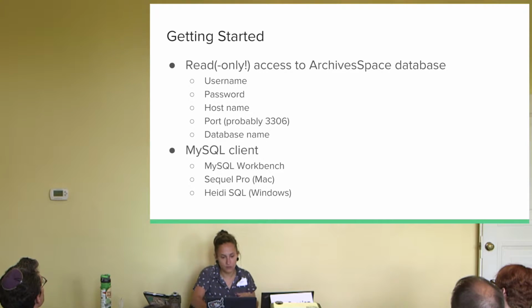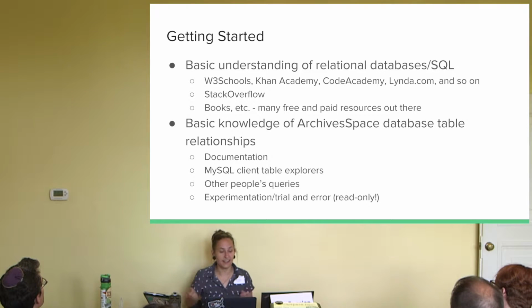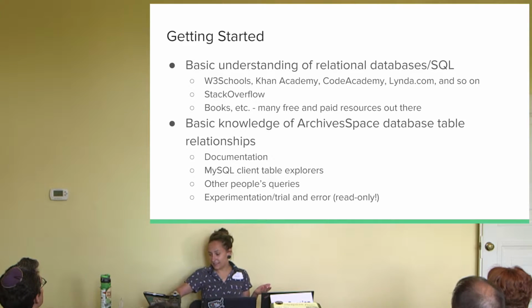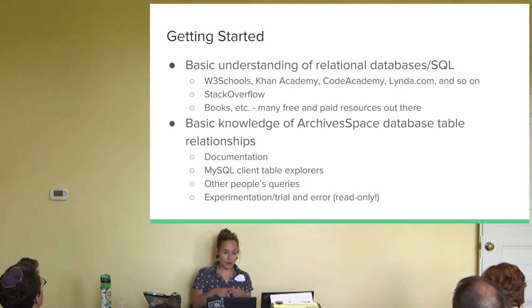And then in addition to access to the database and a client, you are going to need a basic understanding of relational databases and SQL. There are lots and lots of ways to get this information. There are lots of online resources, books, and Stack Overflow to answer specific questions that you have.